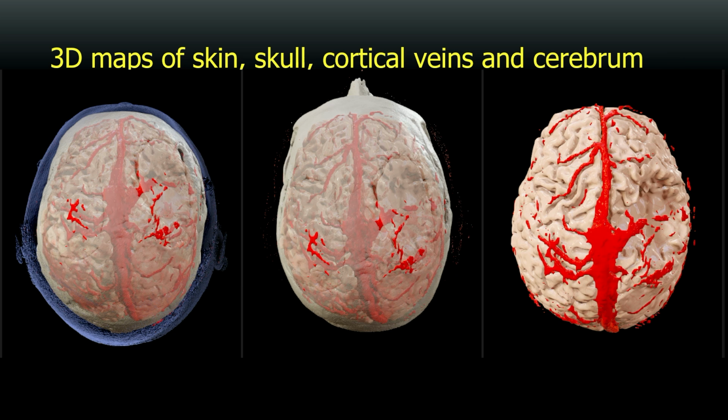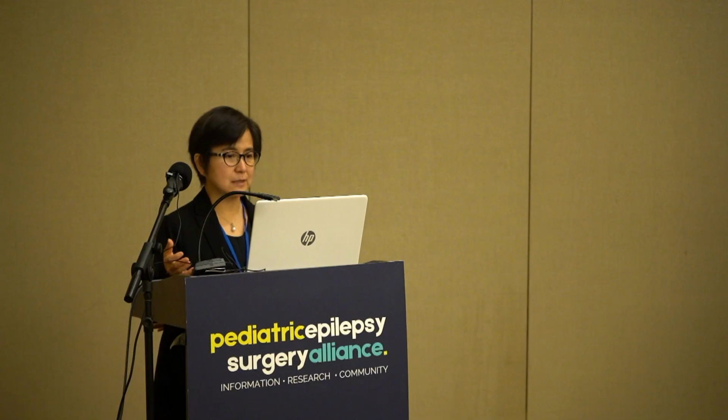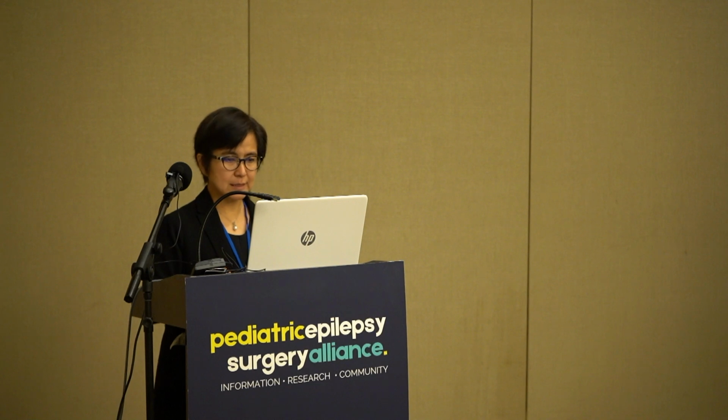This type of information will help the neurosurgeon plan their surgery, which approach they should take, and how they should avoid the blood vessels to minimize bleeding. These are the types of information that we can provide by post-processing the MRI and CT images to help our surgeons when they do their planning.